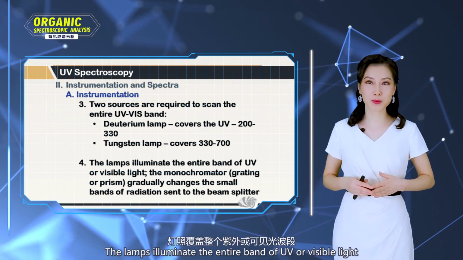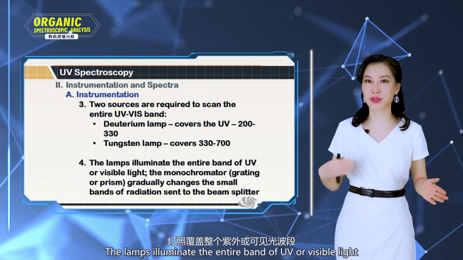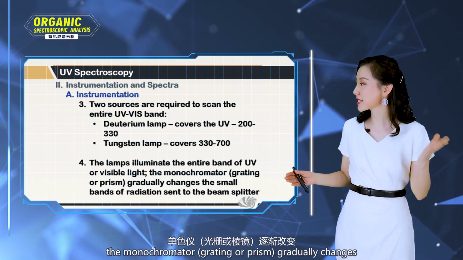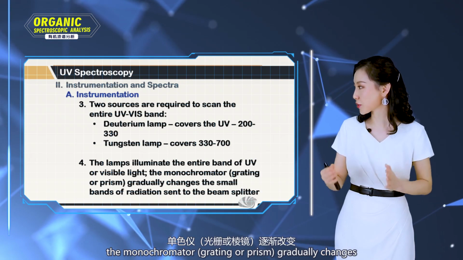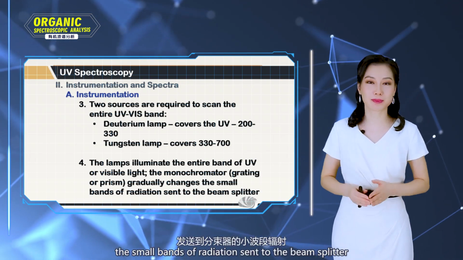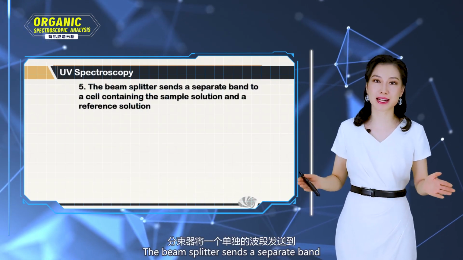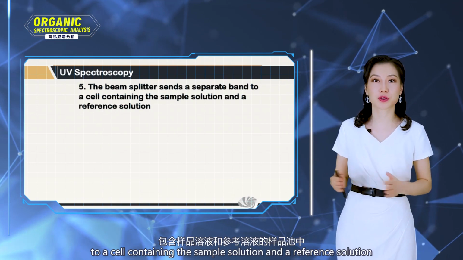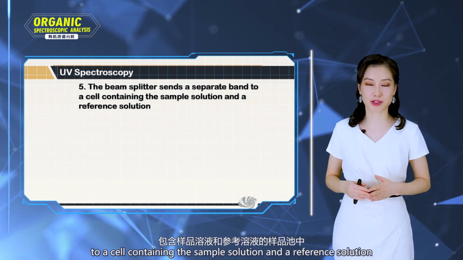The lamp illuminates the entire band of UV or visible light. The monochromator, a grating or prism, gradually changes the small bands of radiation sent to the beam splitter. The beam splitter sends a separate band to a cell containing the sample solution and a reference solution.